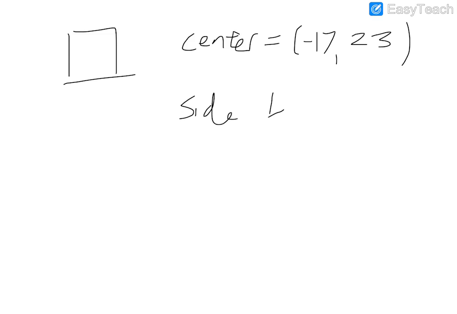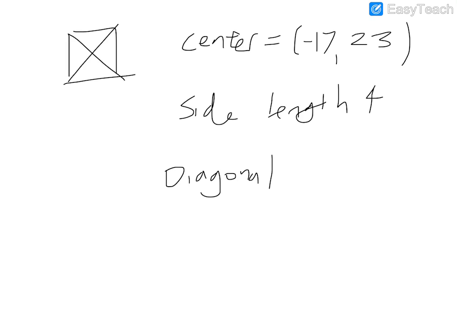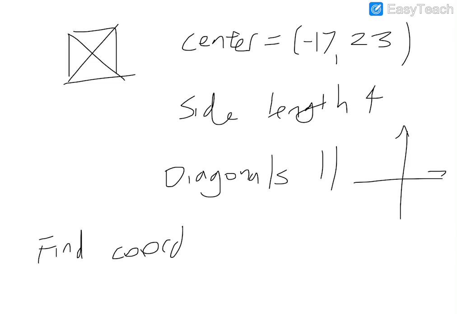It has side length of 4, and its diagonals, so basically these lines, are parallel to the coordinate axes. Now the question is, find the coordinates of its vertices.